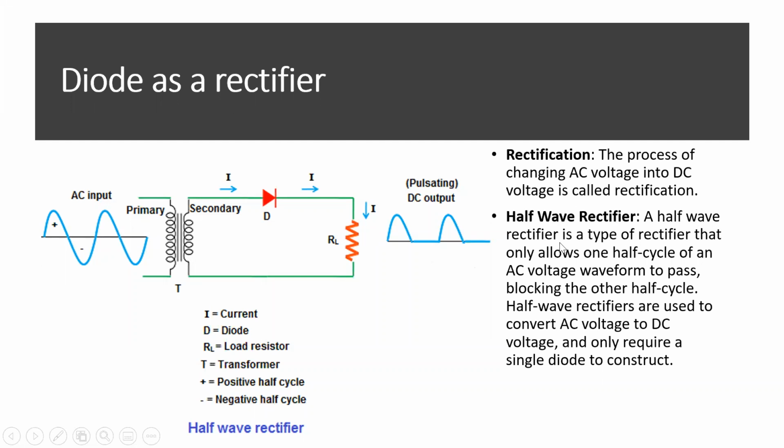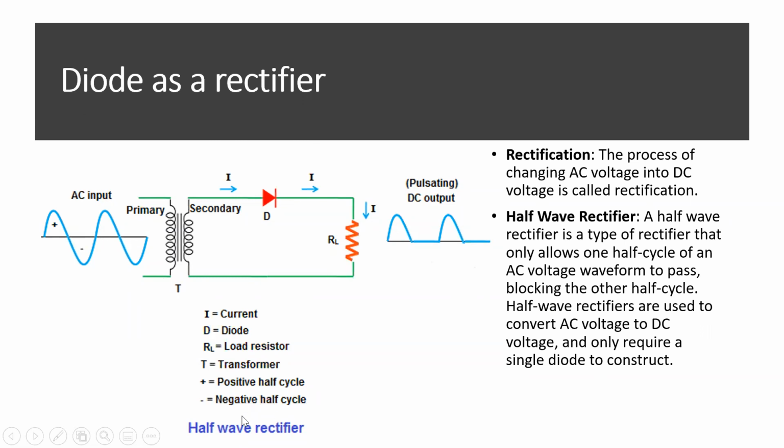A half-wave rectifier is a type of rectifier that only allows one half cycle of the AC voltage waveform to pass, blocking the other half cycle. So here you can see a half-wave rectifier.